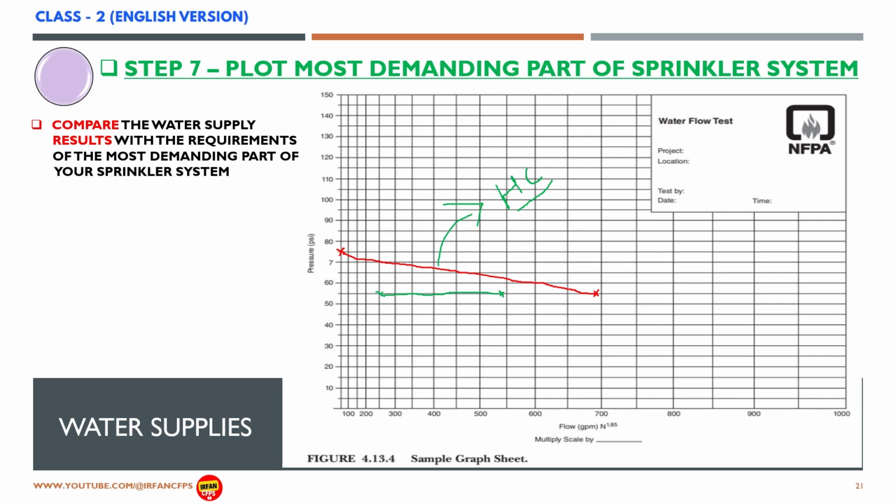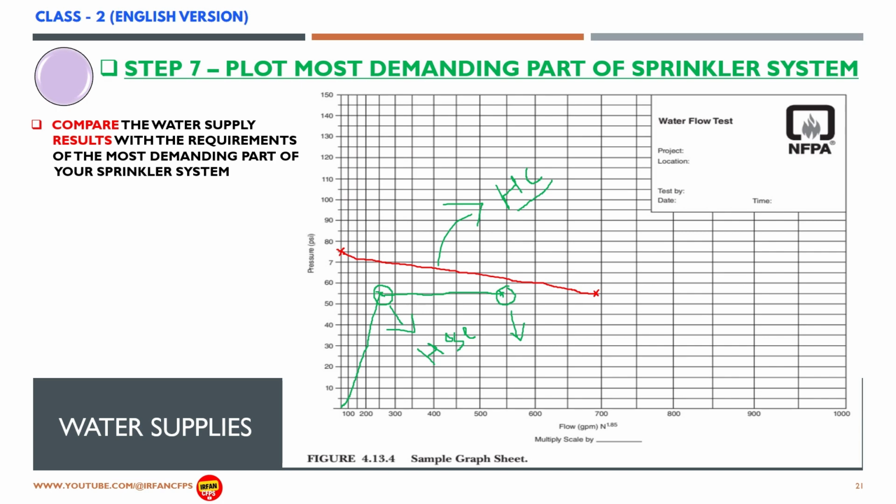We can see from this graph that this point is showing the hose allowance, and the other point on the graph is showing our system demand.